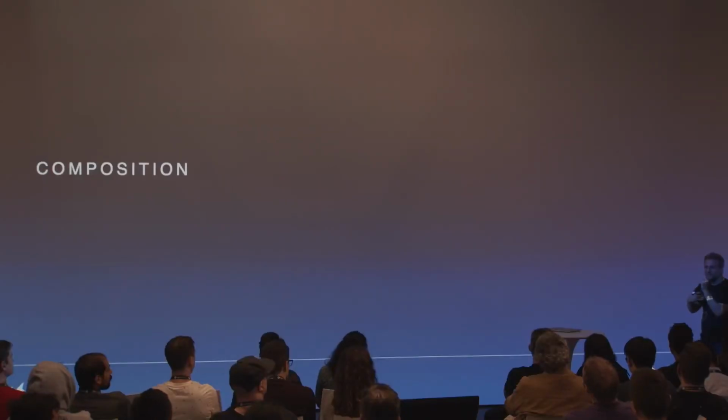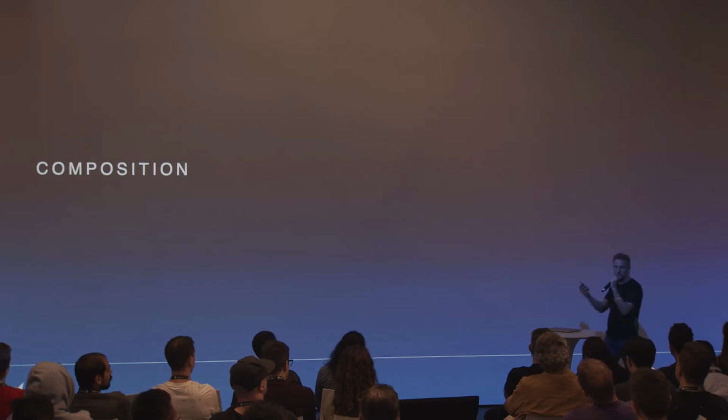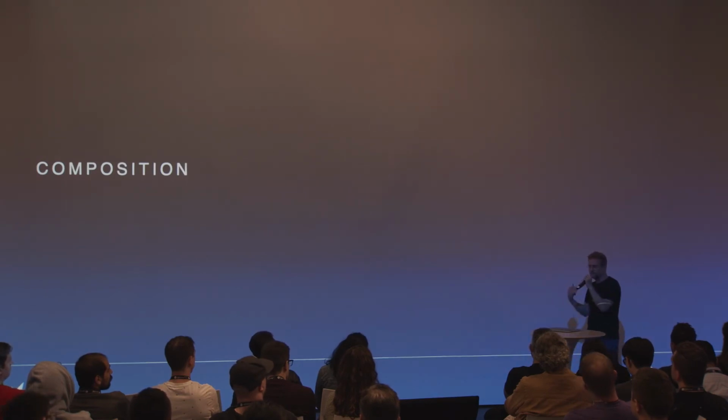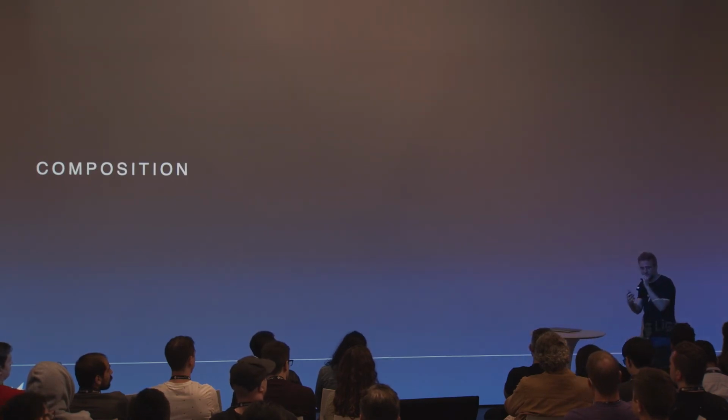Because if I create an HBO component and you create an active learning component, now you will be able to use my HBO component in your active learning component, for example.